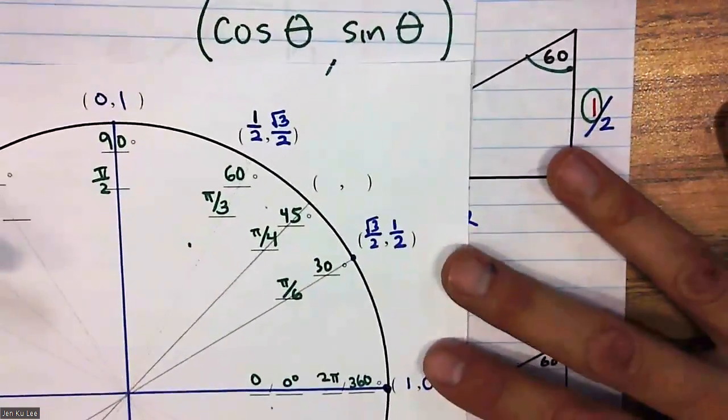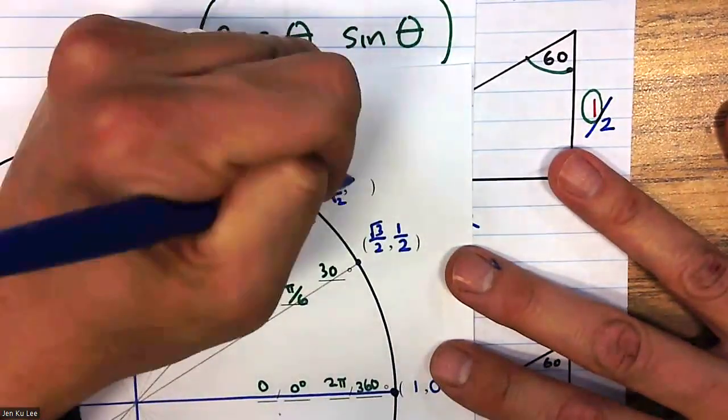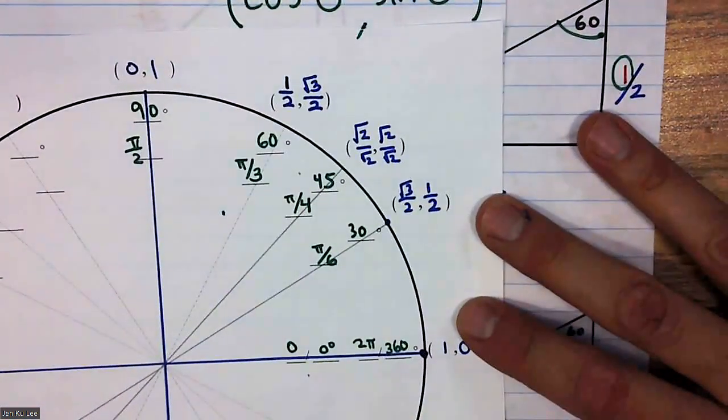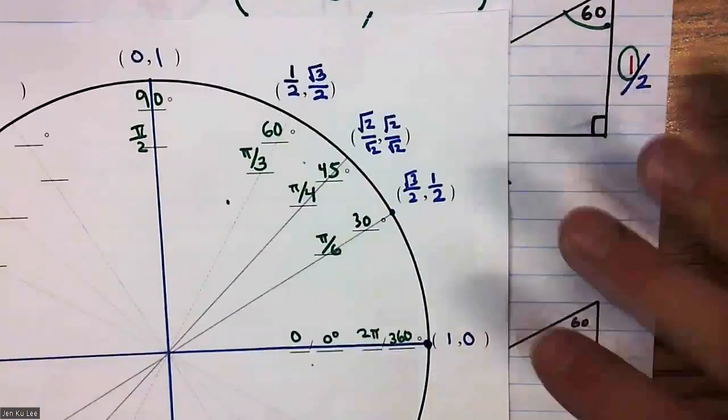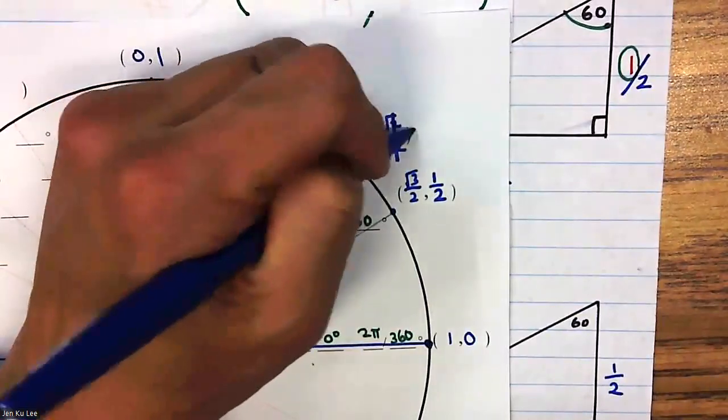So here is square root of 2 over square root of 2. Oh, you know what? I wrote it wrong.